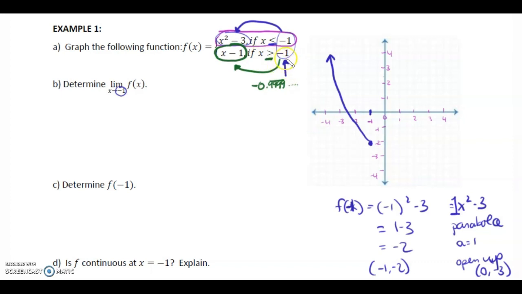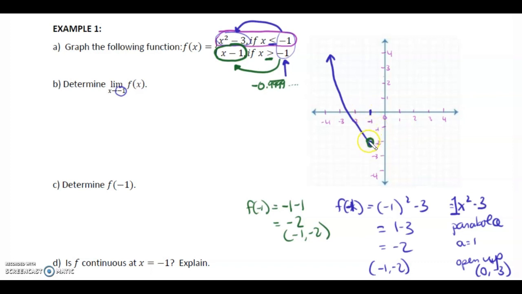So we can substitute this -1 in, find the point, and then use an open circle for that point. So let's put f at -1 equals -1 minus 1, which I get -2. So my point is (-1, -2). I'm going to go ahead and plot that with an open circle.